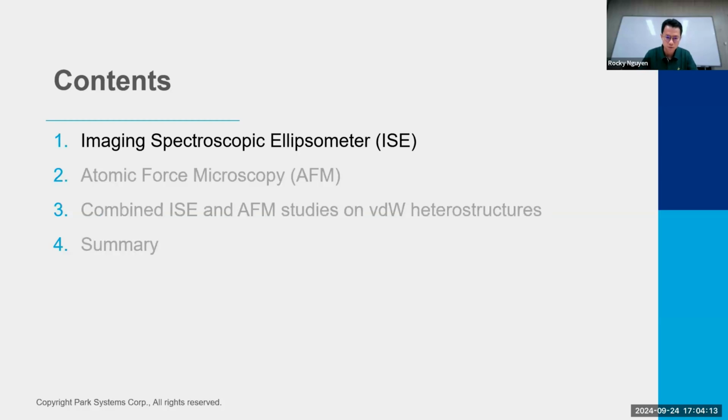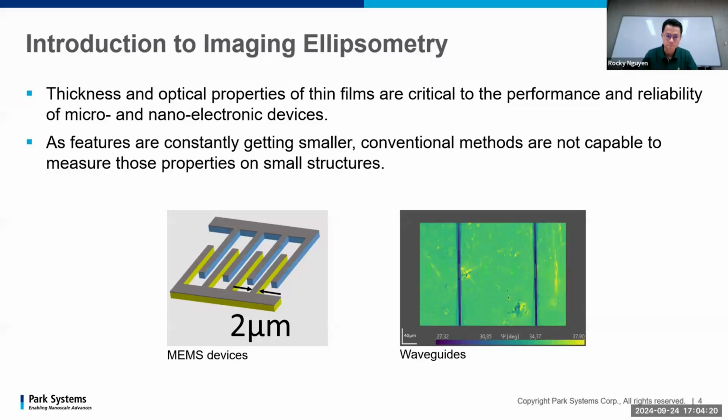So let's move on to a brief introduction on imaging spectroscopic ellipsometer. As you may know, the thickness and the optical properties of thin films are very critical and can directly affect the performance and reliability of micro and nano electronic devices.